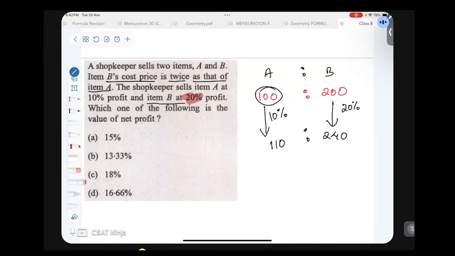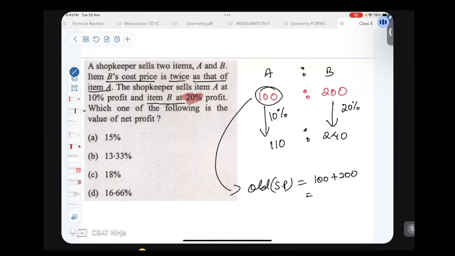Now, what is asked? Which one of the following is the net value of profit? Now, what I'll do is find the value of the earlier selling price. Old selling price: 100 plus 200.